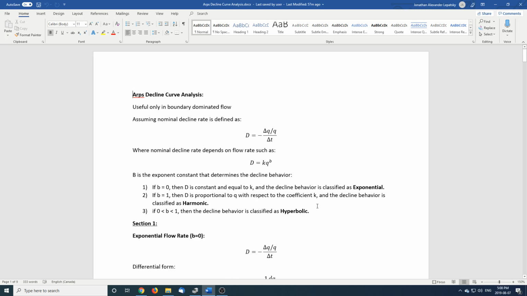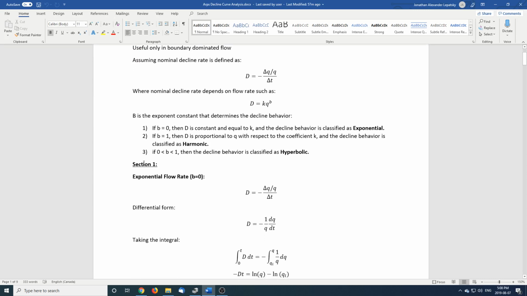Okay, so in section 1, we're going to first look at exponential flow rate, and that's when B is equal to 0. So we take the equation we defined up here, the nominal decline rate is equal to the fractional change in flow rate over time, right?